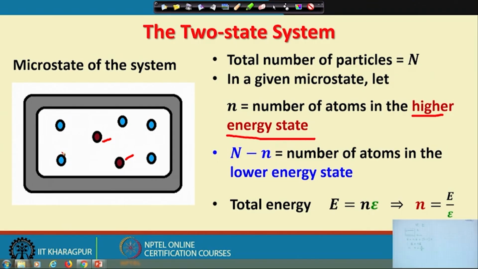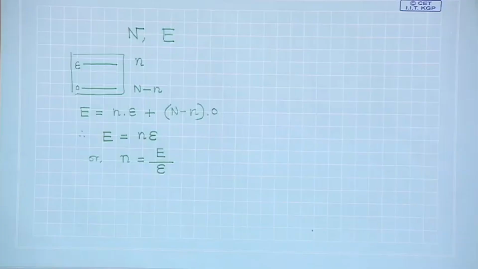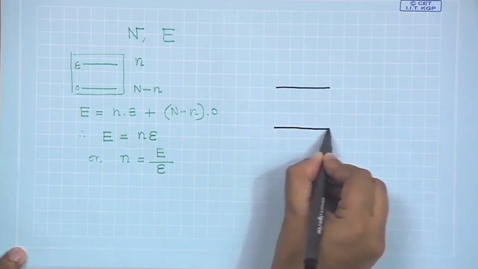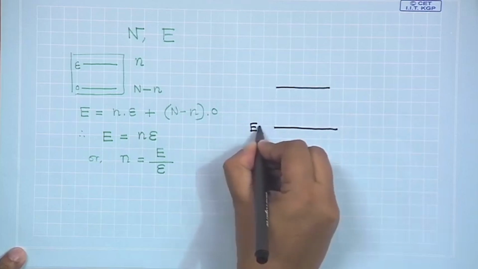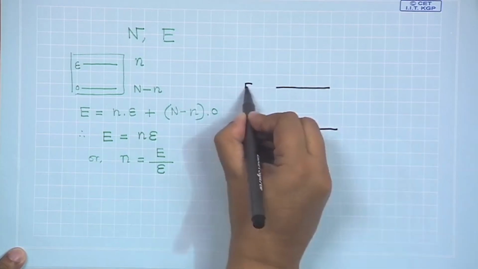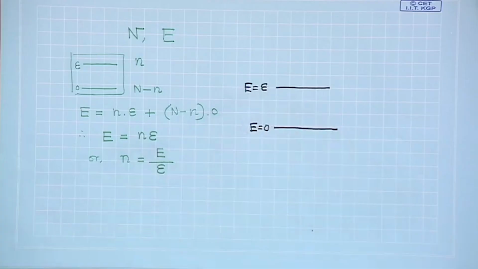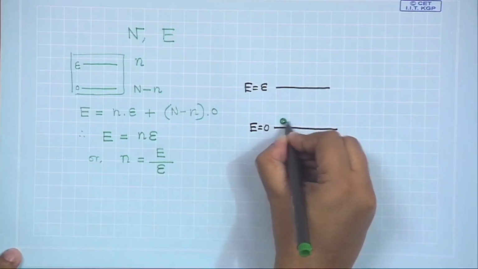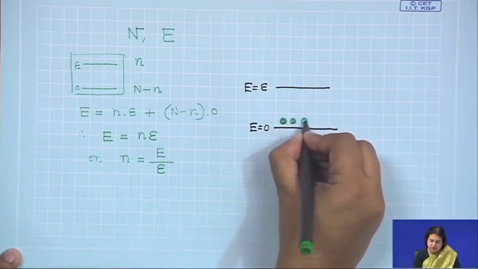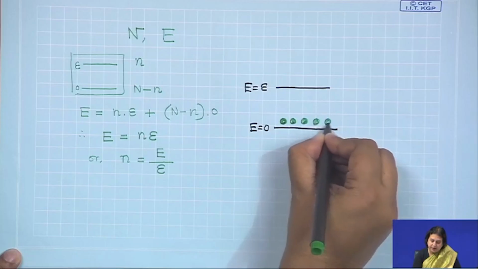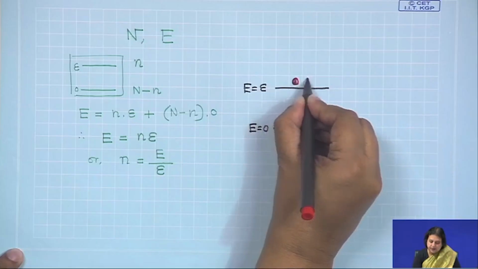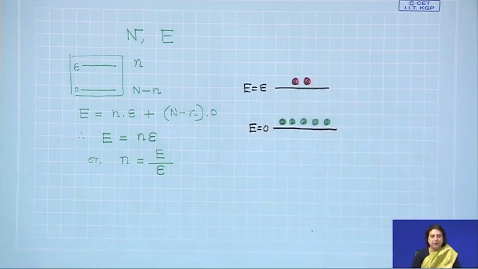A typical way of representing this kind of microstate using the energy diagram is like this. This is E equal to 0 and this is E equal to epsilon, and according to this picture I have how many in the lower energy state? 1, 2, 3, 4, 5 particles in the lower energy state and only 2 particles in the upper energy state.